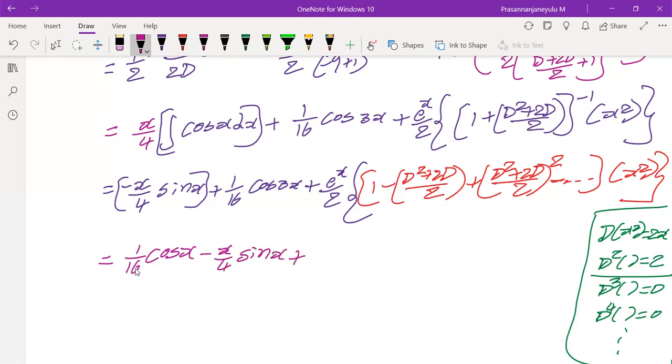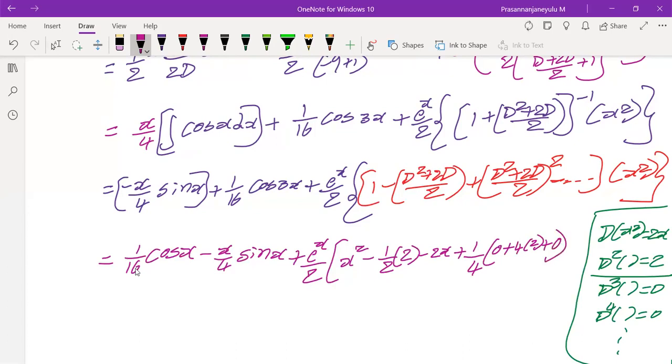Plus e power x by 2 into, now 1 into x square is x square minus 1 by 2 into d square of x square is 2, okay, minus 2 by 2 gets cancelled, d of x square is 2x plus 1 by 4 into d power 4 becomes 0, or d square whole square is 0, 2d whole square is nothing but 4d square, that is 4, d square of x square is 2, plus the remaining term is d cube, we'll get something like that, and so on.